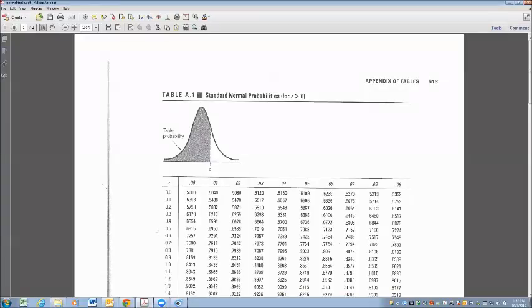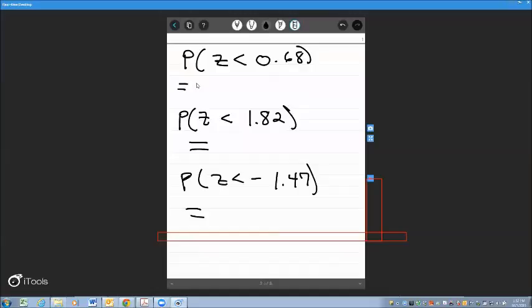I'm going to go to the 0.6 row and the 0.08 column, and where those two things intersect, this 0.7517, that is the probability that I'm looking for. This is the amount of area that lies to the left of 0.68. So the answer is 0.7517.